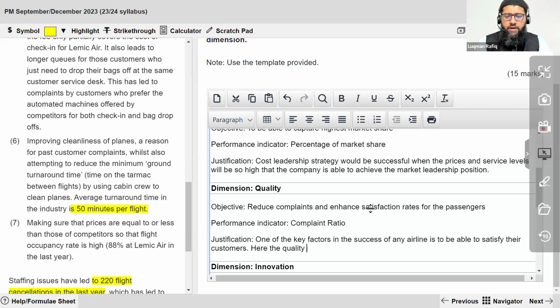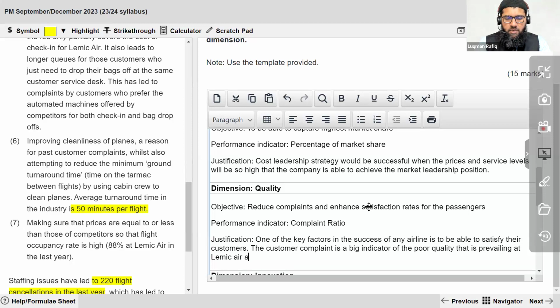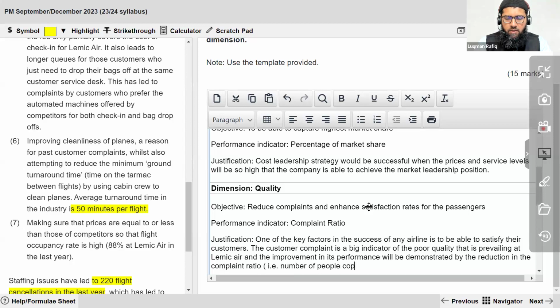Here, the quality is the customer complaint, a big indicator of the poor quality that is prevailing at Lemek Air, and the improvement in its performance will be demonstrated by the reduction in the complaint ratio, that is the number of people complaining as a percentage of the number of people utilizing services.